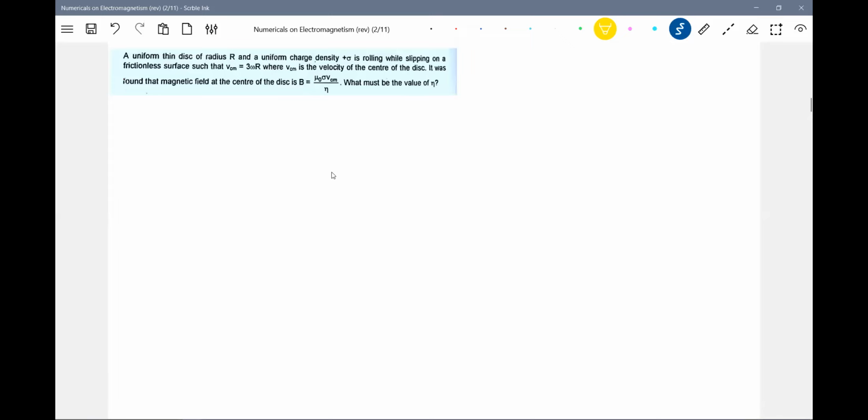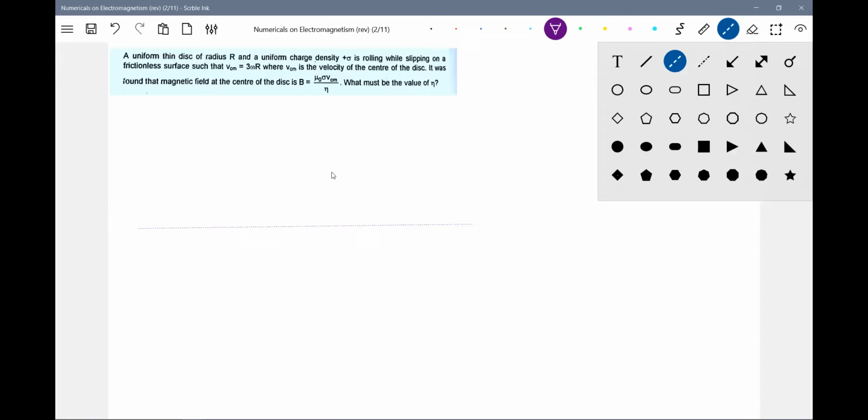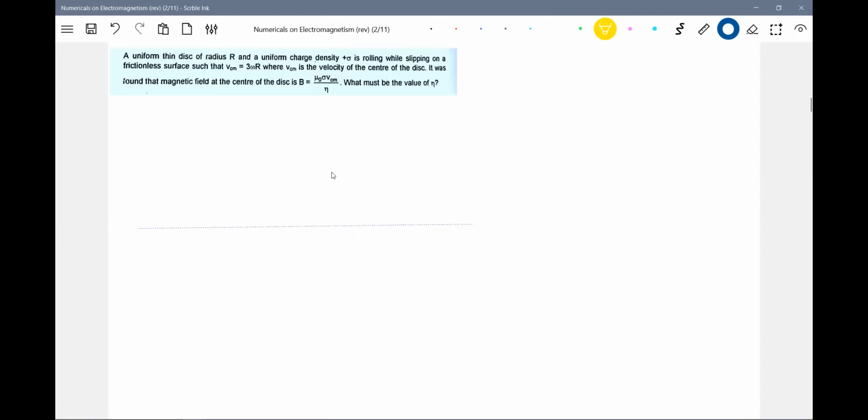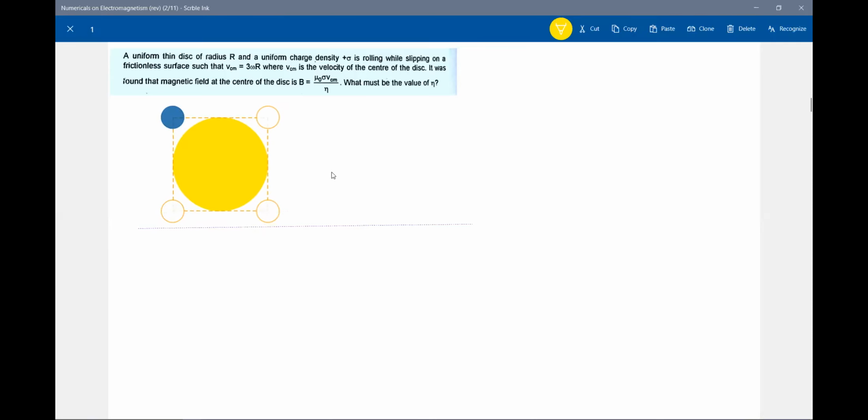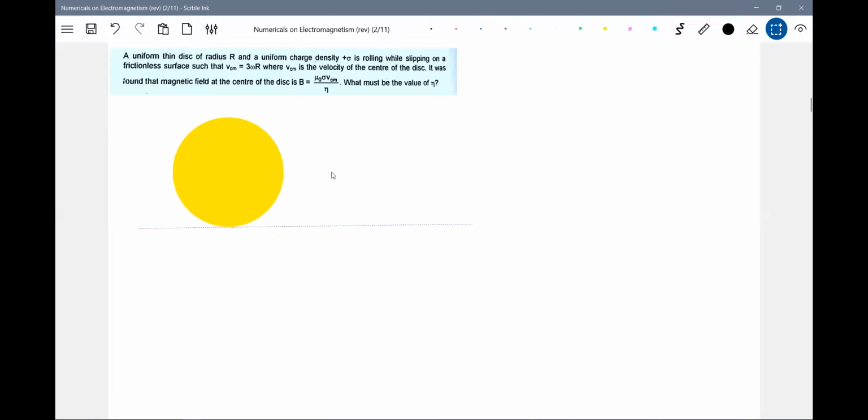Where the word rolling is there, you must also be careful. While slipping on a frictionless surface, there is slipping.